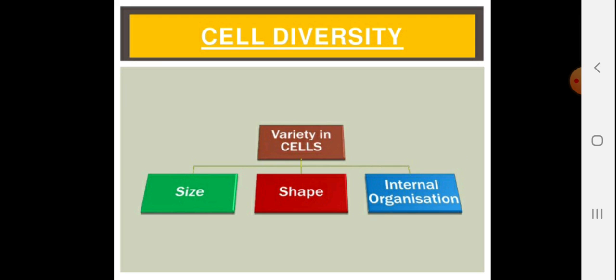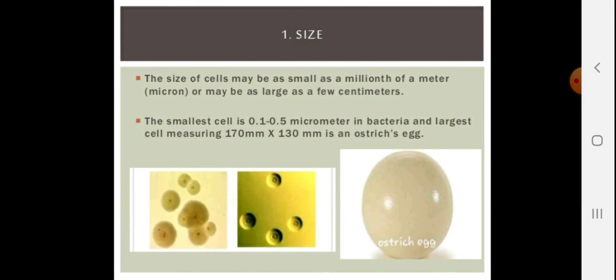Let's talk about cell diversity. Cell varieties are with respect to size, shape and internal organization. First, let's talk about the various types of cells based on their sizes.